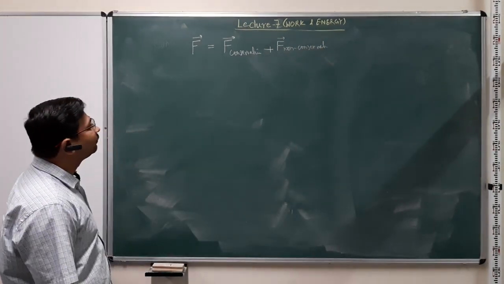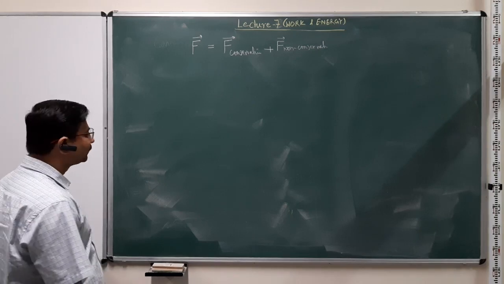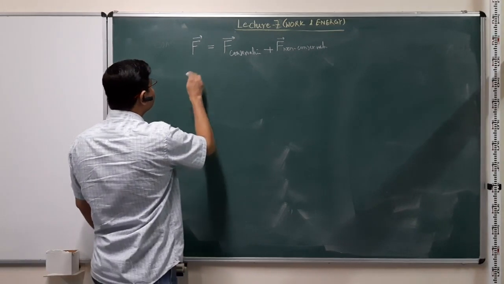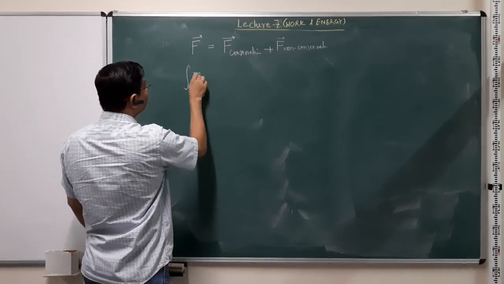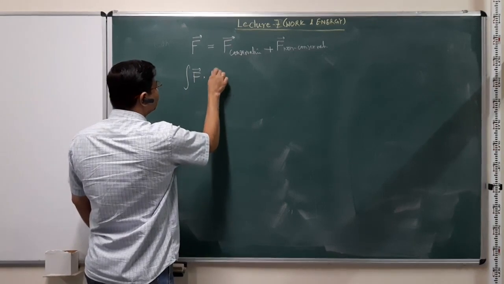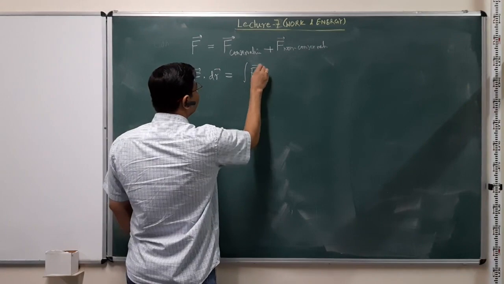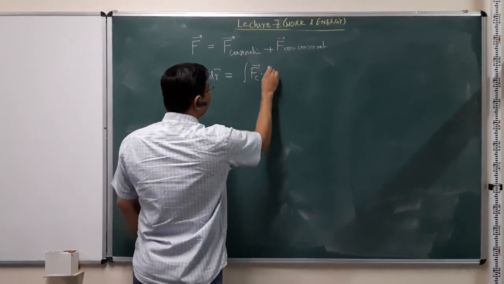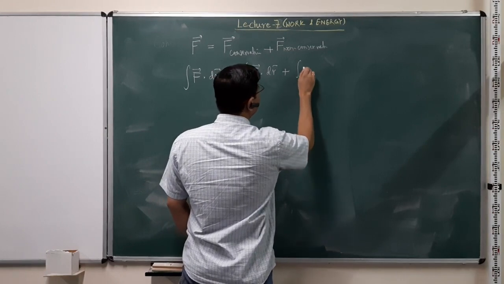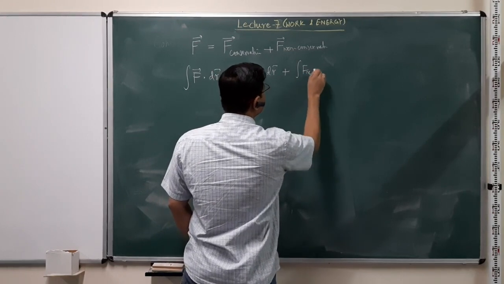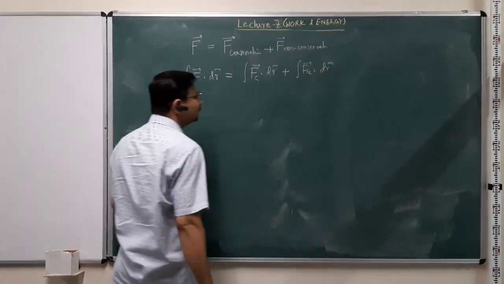So the force applied on a general system can be written like this, and then what it gives us is, now I can write down my path integral, which was F dot dr, as the path integral of conservative forces plus the path integral over the same path in case of the non-conservative forces applied on the same system.